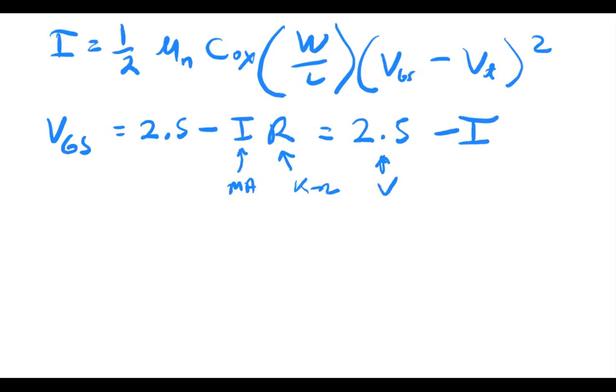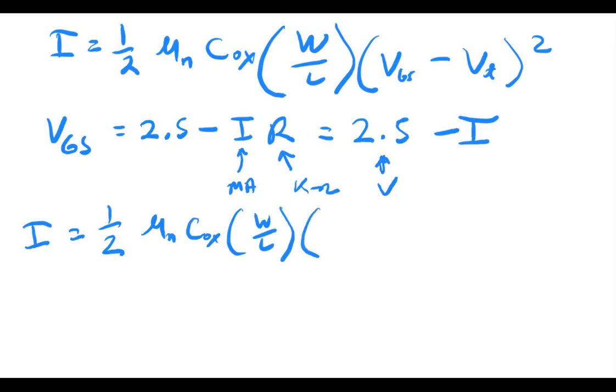So then, going back to the first equation, the current is going to be 1/2 mu n Cox times 2.5 minus I, because that's VGS, minus VT squared.